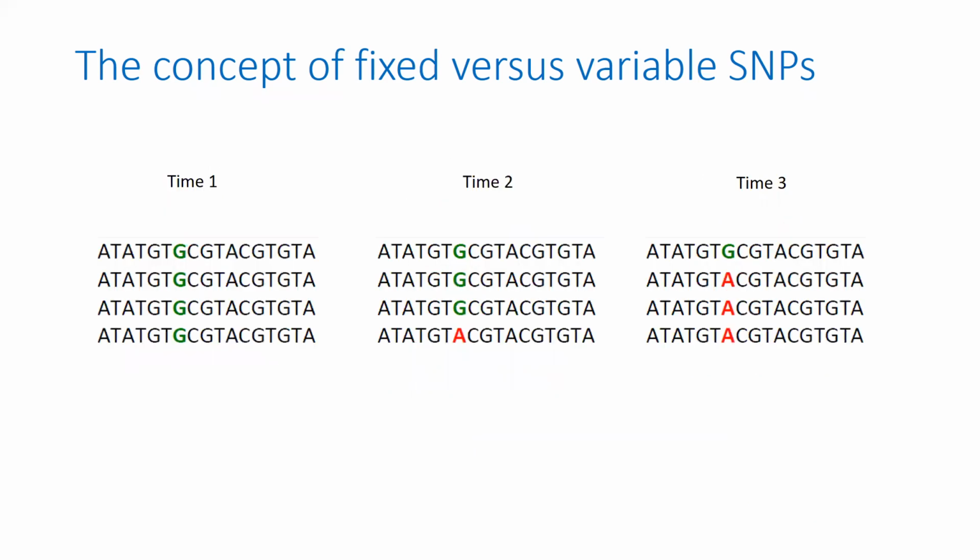So in reality, this is how our sequencing would look. At time 1, we would have only the drug susceptible allele, which is fixed. There's 100% G. At time 2, the small population that is drug resistant starts to emerge, and we see the drug resistance conferring allele showing up in our reads.